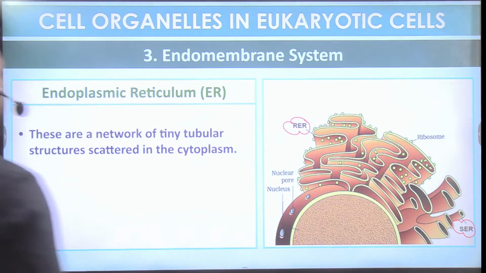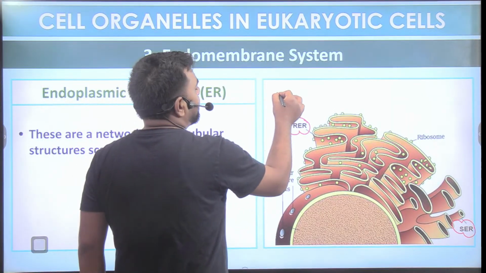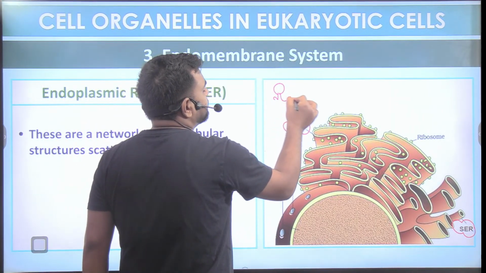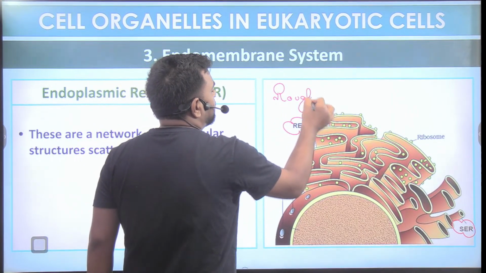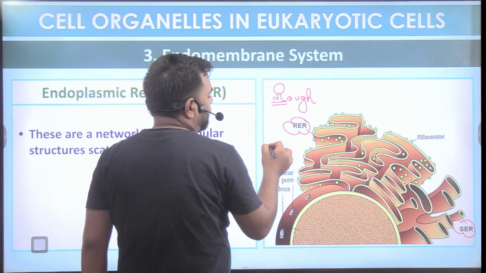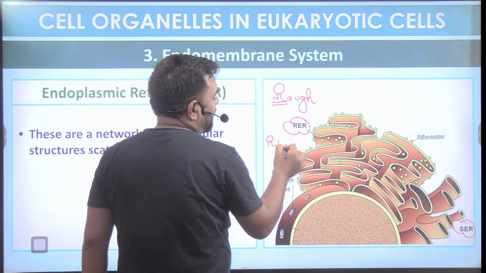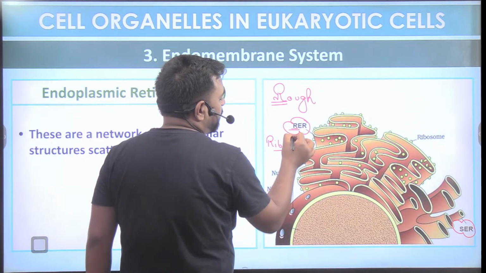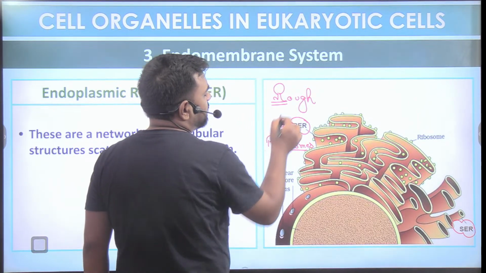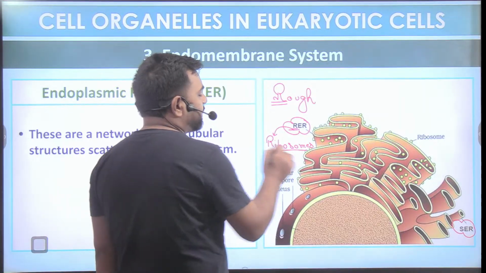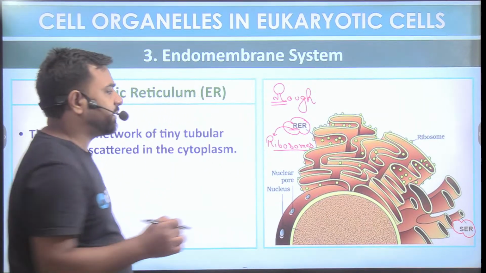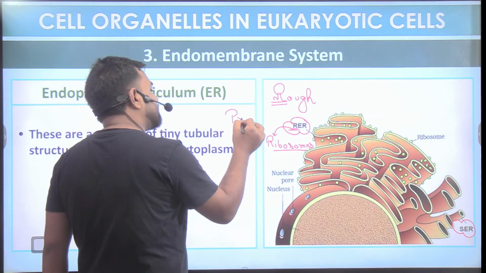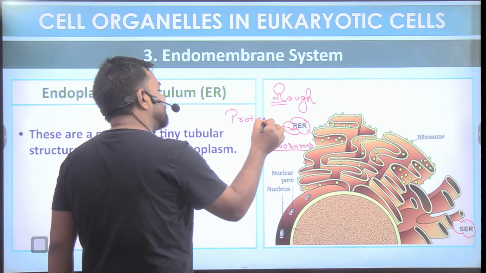Yeah. So I have a trick here. If I talk about the rough part, R stands for rough, and similarly R stands for ribosomes. So rough endoplasmic reticulum consists of ribosomes, right? And ribosomes are known as the protein factory, so the same location is linked with the synthesis of proteins.